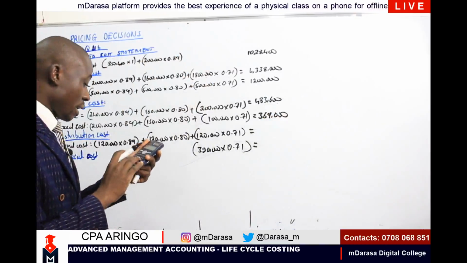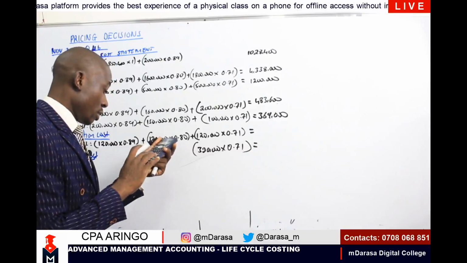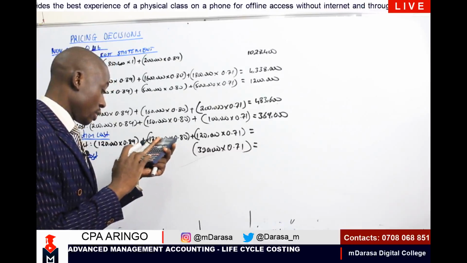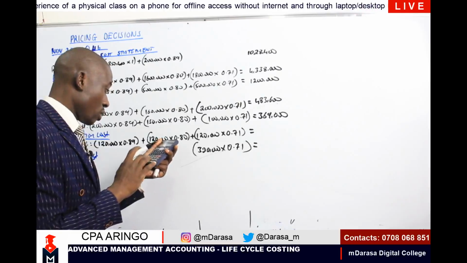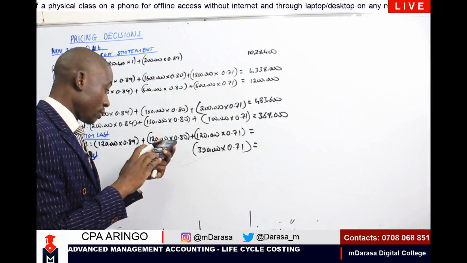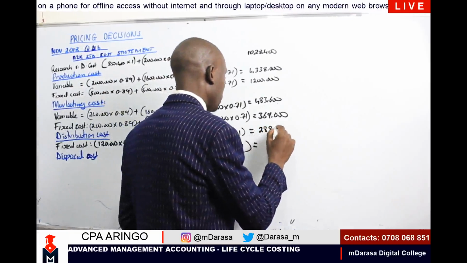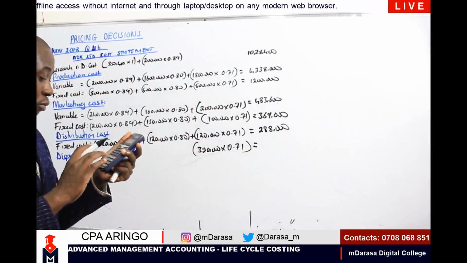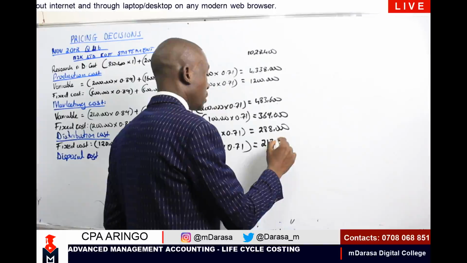We should be talking of 120,000 multiplied by 0.89, 120,000 by 0.80, 120,000 by 0.71 to give me a figure of 288,000. Then the last one, you're talking of 300,000. We multiply by 0.71. In this case, I'm having 213,000.